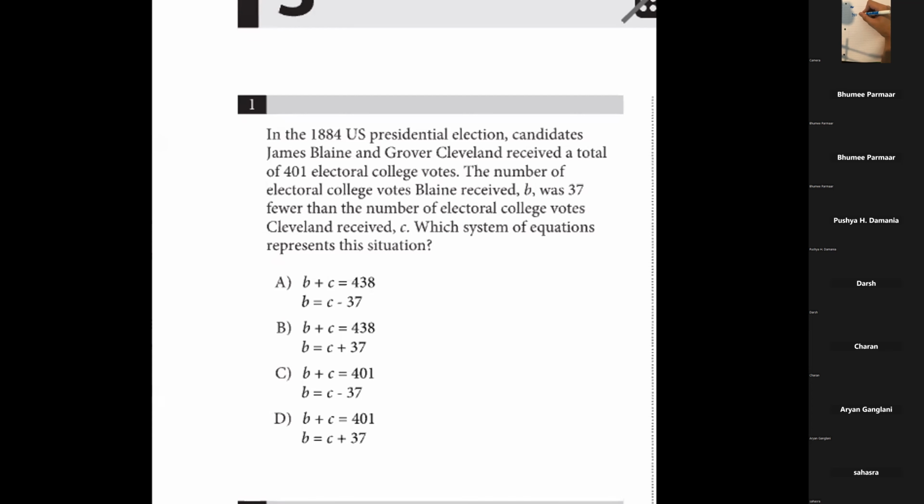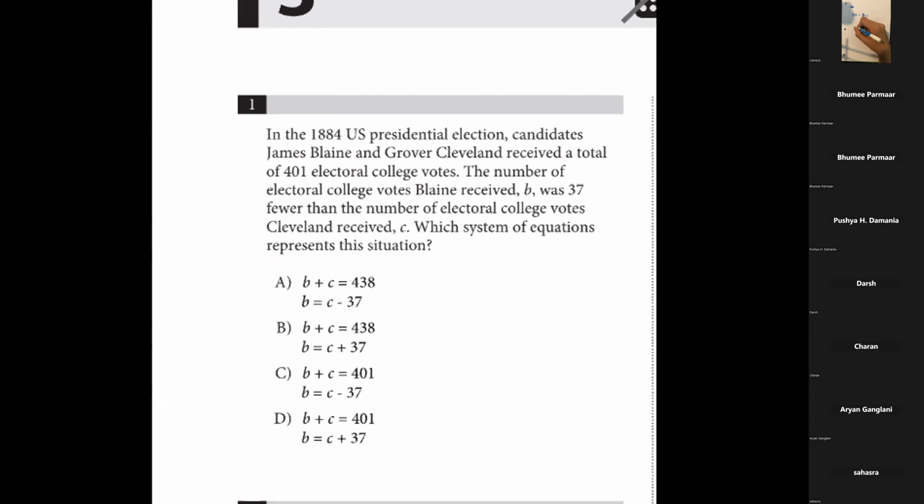So 401 equals J plus C. And then the number of electoral votes Blaine received, instead of J, it would be a B. Instead of C would be, yeah, C for Cleveland.